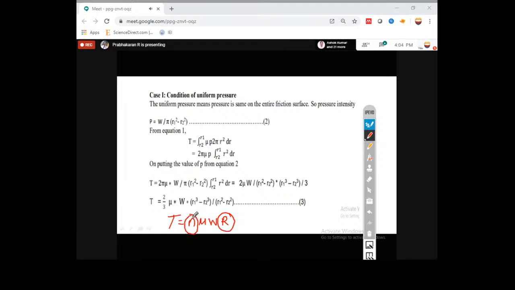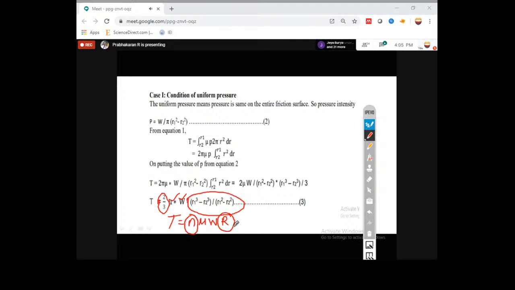Don't worry, I will explain this one by one in later slides. Here mu W is there, and N I will consider later. Instead of R, we can write 2 by 3 into (R1 cube minus R2 cube) divided by (R1 square minus R2 square).